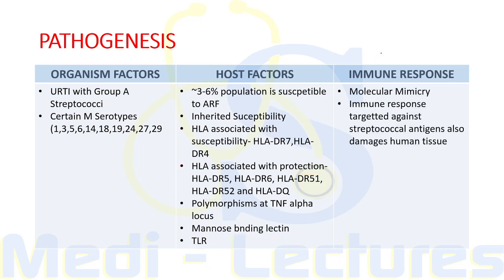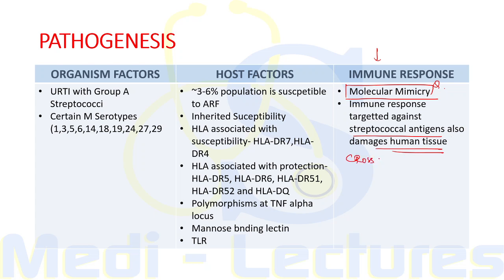Now coming on to the immune response. The most widely accepted theory for pathogenesis of ARF is molecular mimicry. This means that the immune response, which was initially targeted against the streptococcal antigens, also will damage the human tissue, leading to all the clinical features, and this is due to its cross reactivity.